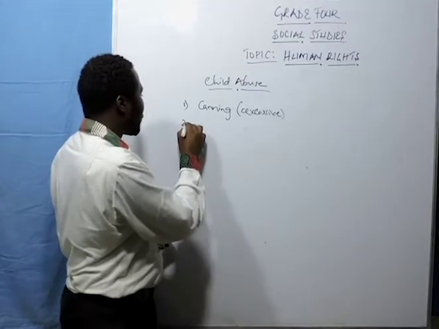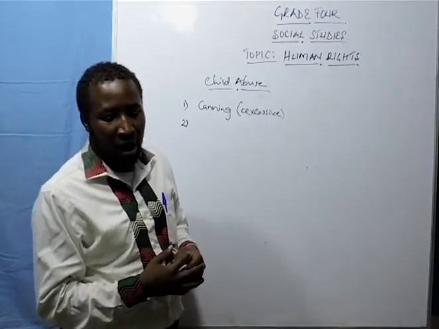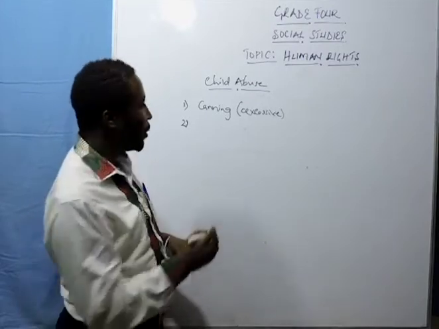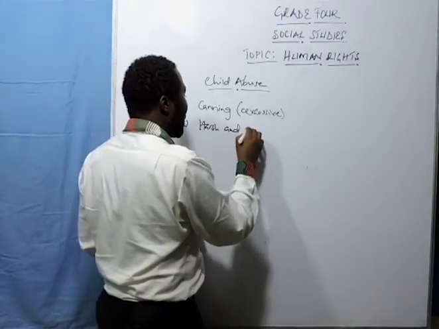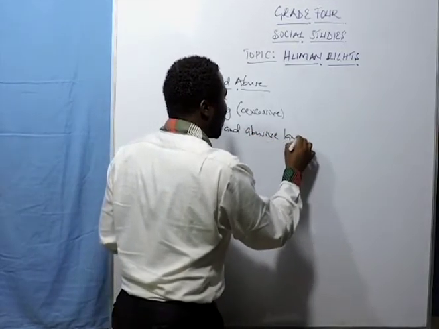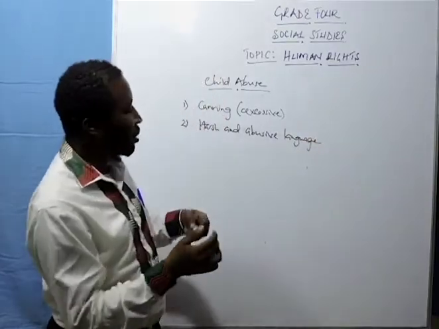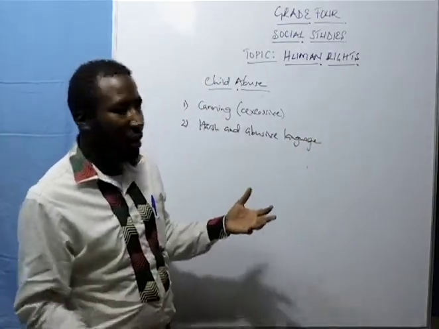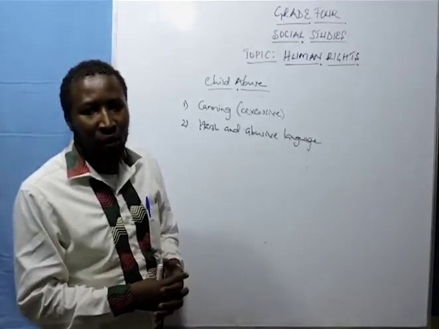Number two, another form of child abuse is harsh and abusive language. You find this used mostly in the ghettos, whereby they use very bad, harsh, abusive language talking to their children.